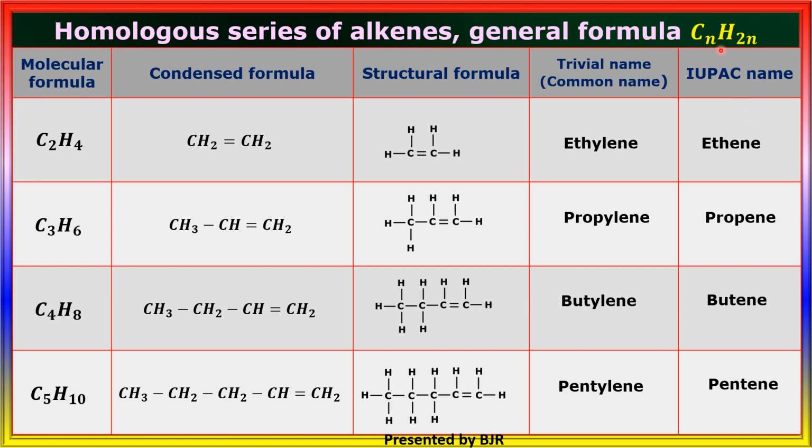When n is equal to 4, we get butene. Like this, pentene, hexene, heptene, octene. So like this we get alkenes. So here alkenes are forming homologous series because if you take any two consecutive molecular formulas, we find CH2 difference between them.